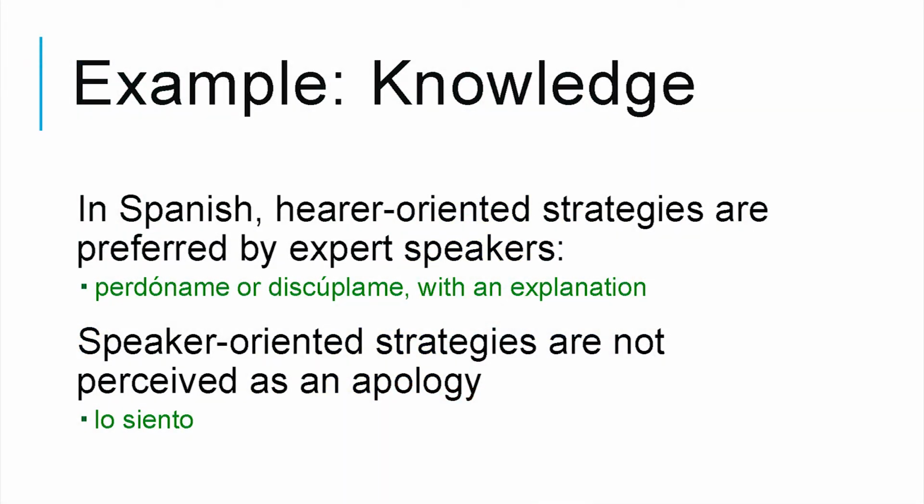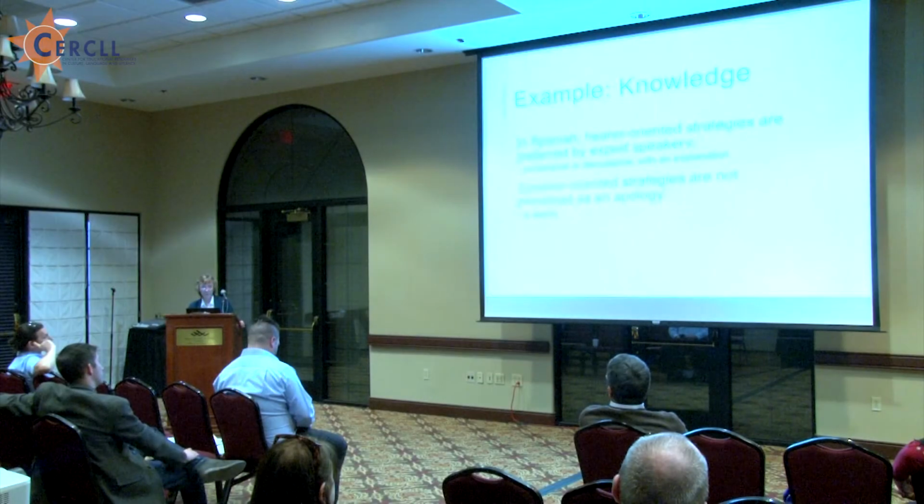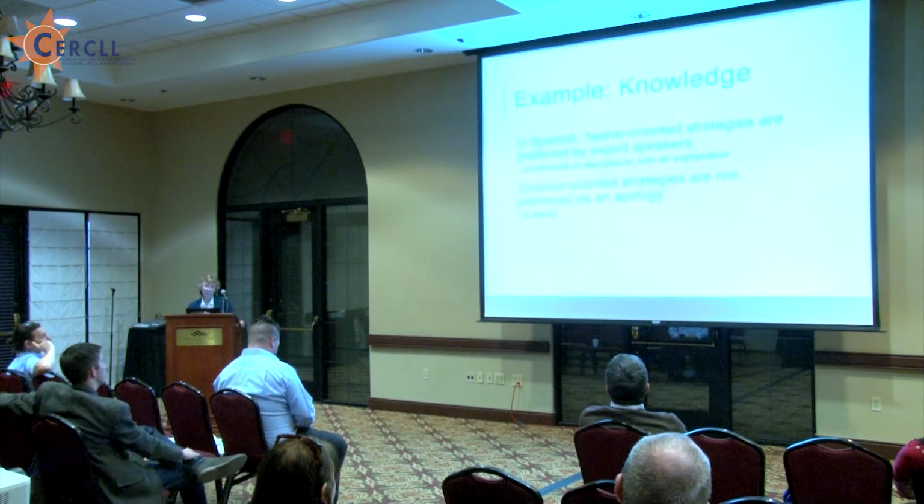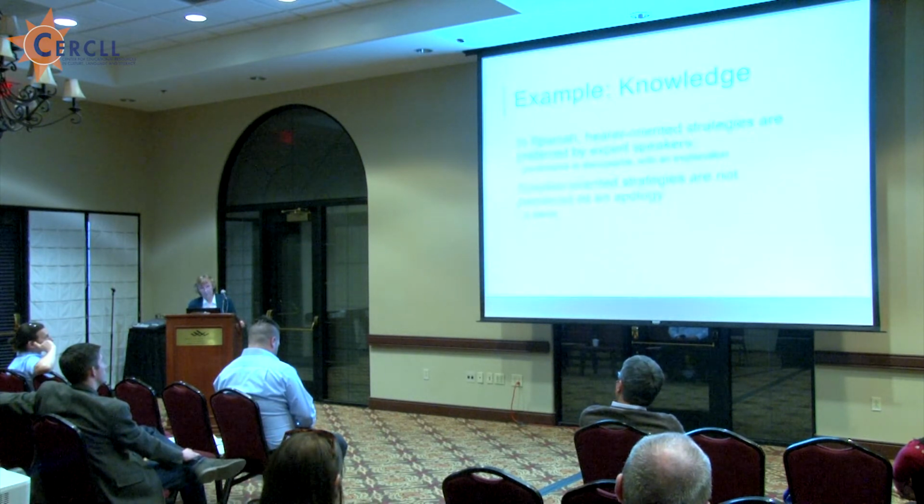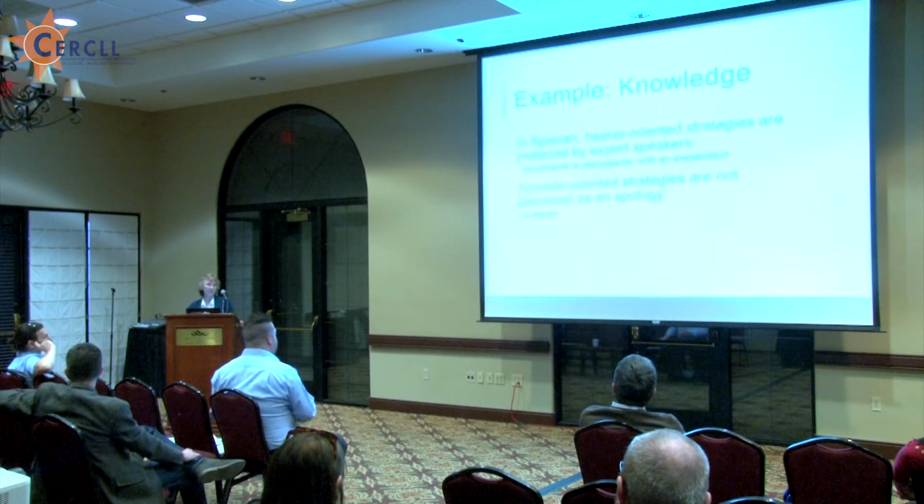So in this example, they need to know, for example, that in Spanish, hero-oriented strategies are preferred by expert speakers, as in perdóname or discúlpame with an explanation. Saying lo siento is better than nothing, but not really counting as an apology.